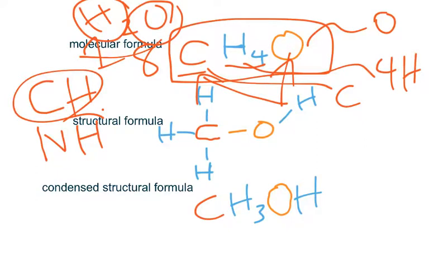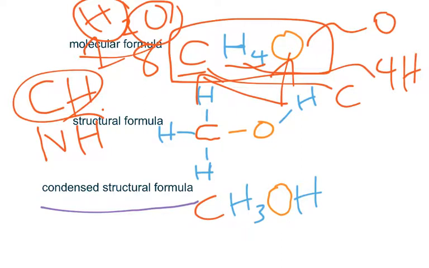Last but not least, we have a condensed structural formula. It's basically the same thing as a molecular formula, but the atoms are written out so that the links, or the structure, are easier to see from the formula.